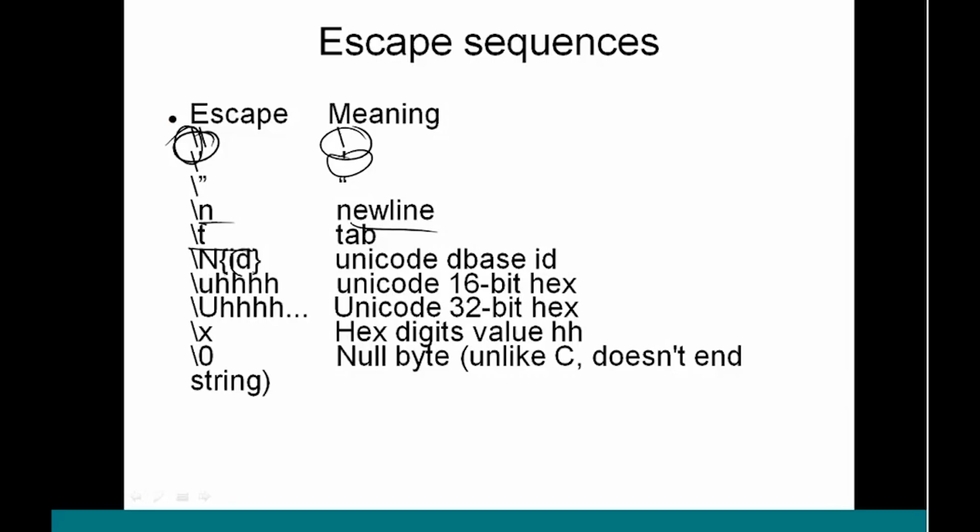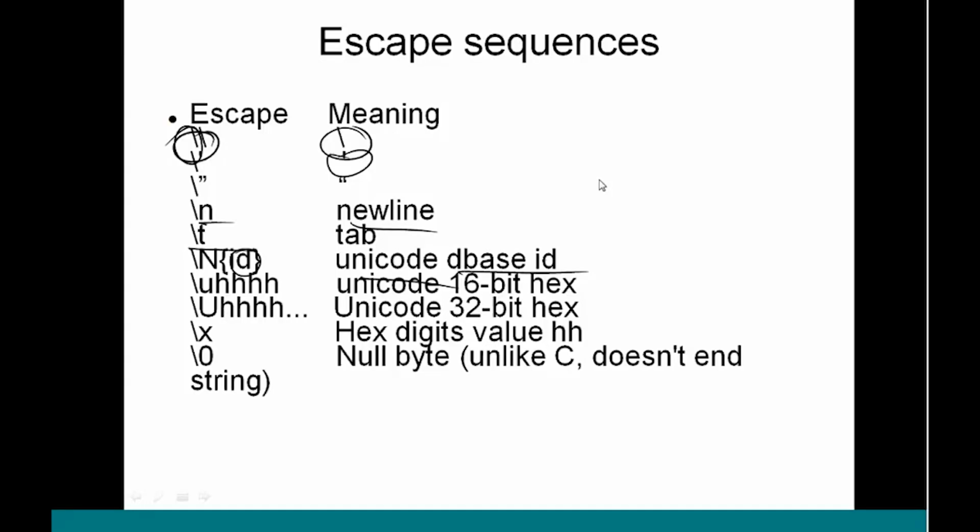Now backslash N and an id is the Unicode database ID for that particular character. We can also represent 16-bit hex by going escape and then lowercase u followed by the hexadecimal number.